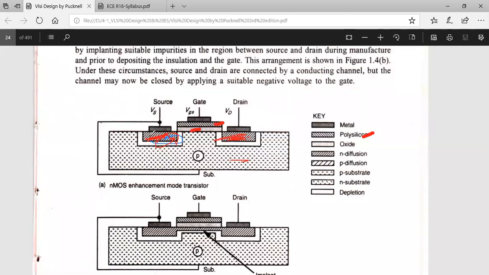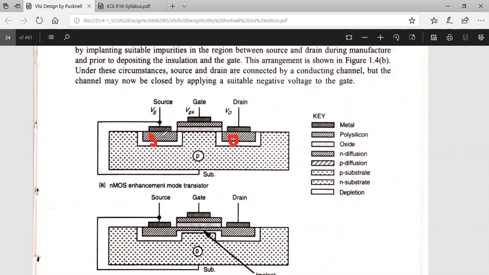So this is the source, this is the drain, and this is the gate.